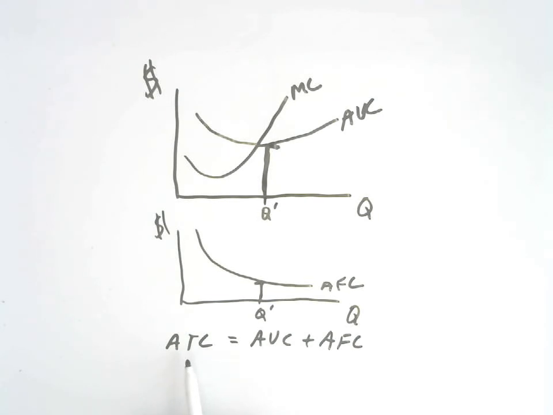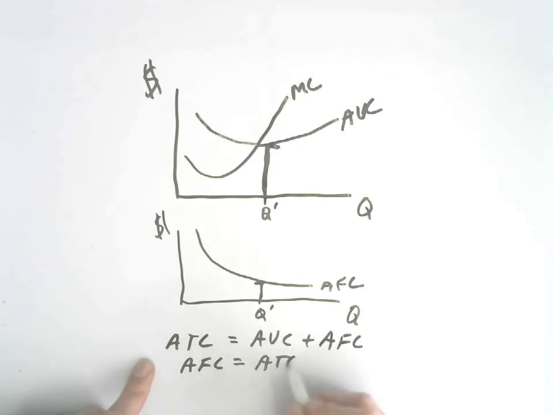That's fine enough, but this is set up as a summation function, and that's not the easiest way graphically to combine these two. What we're going to do is take advantage of the fact that this function can be rewritten as average fixed cost equals average total cost minus average variable cost.